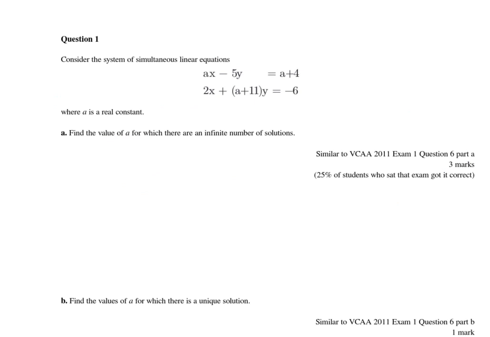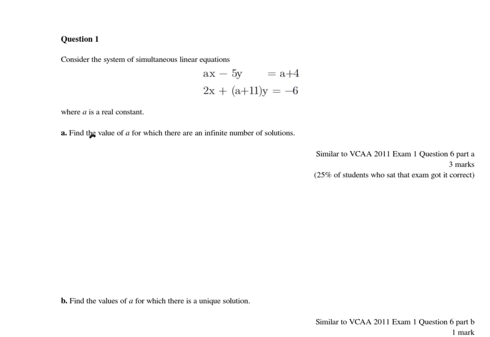Hi girls. As promised, here's a worked example, similar to the one we did in class, where we need to find an infinite number of solutions for this set of equations. So we know that if we want an infinite number of solutions, we want all the ratios to equal each other.